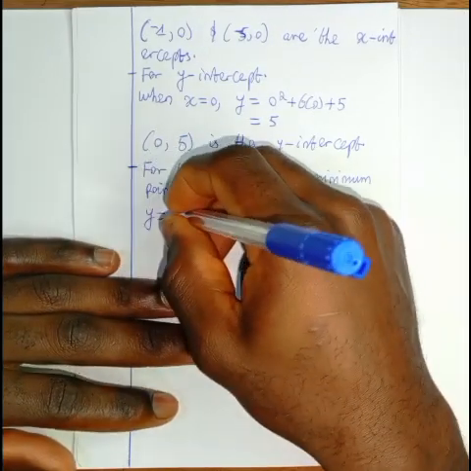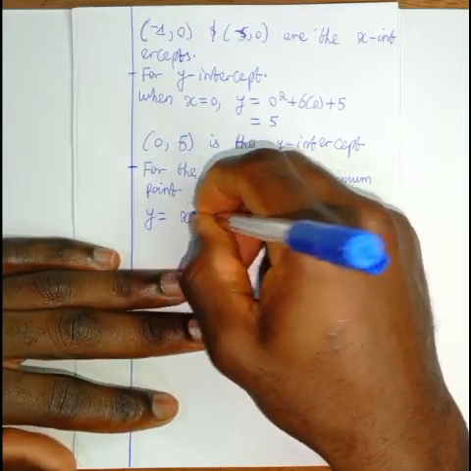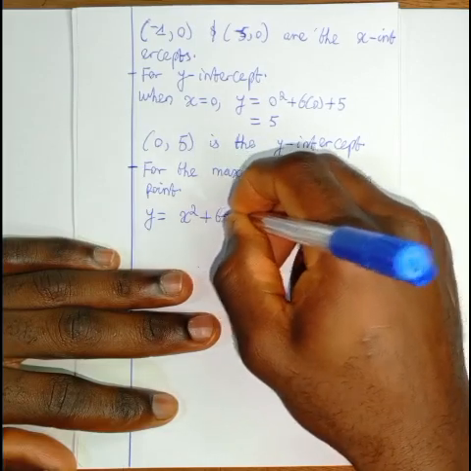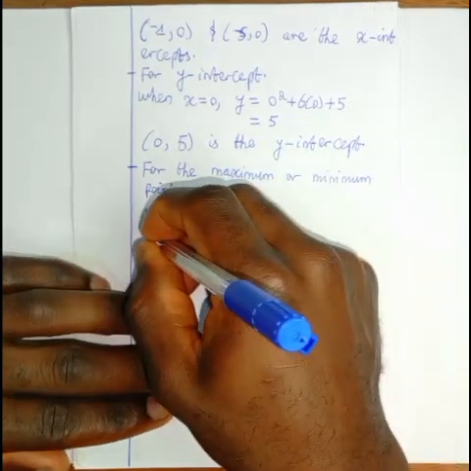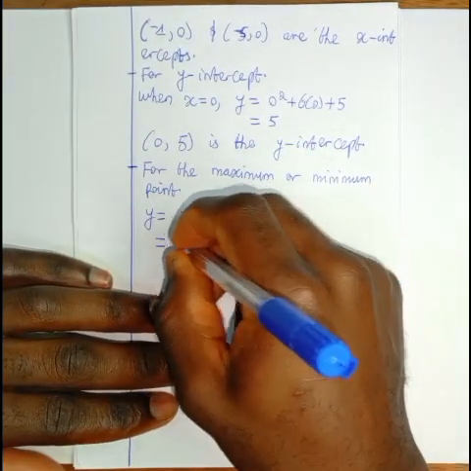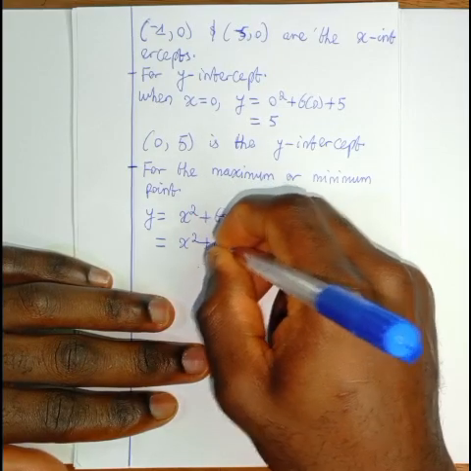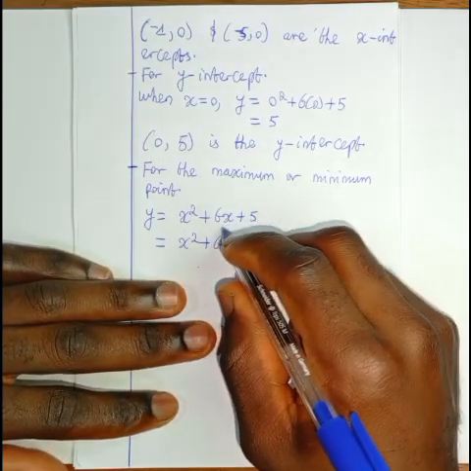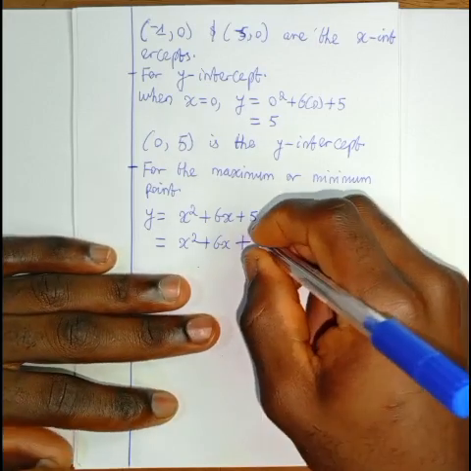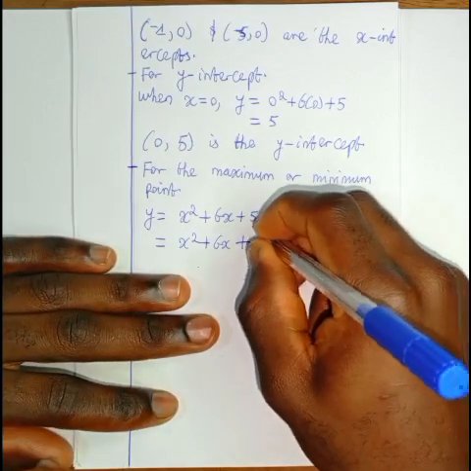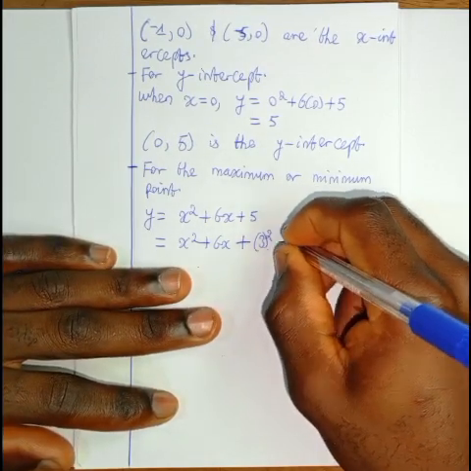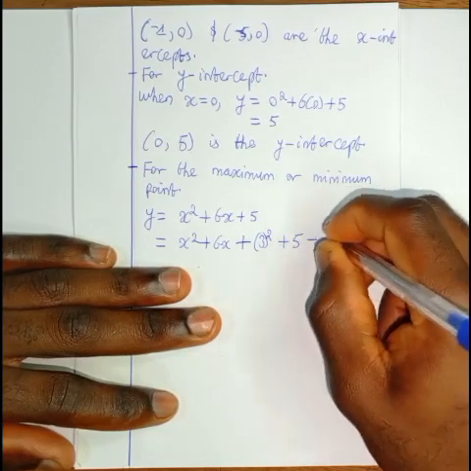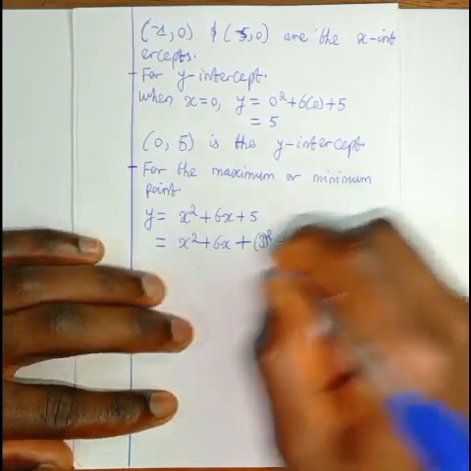We have y equal to x squared plus 6x plus 5. This will simply be equal to x squared plus 6x plus, we know the coefficient of x here is 6, and half of 6 is 3, plus 3 squared, plus 5, we are going to subtract 3 squared.